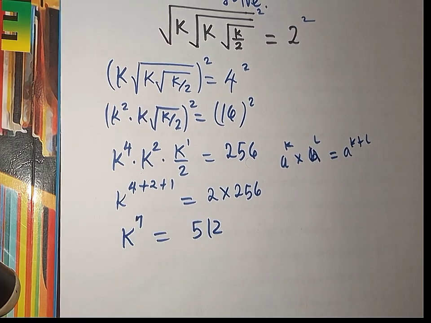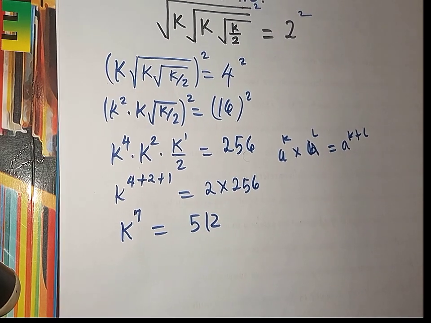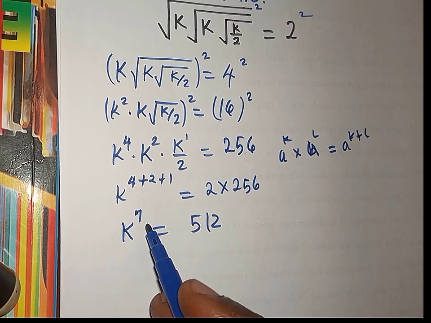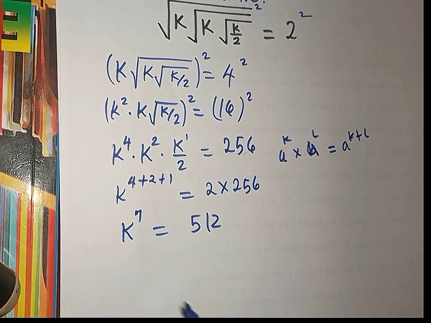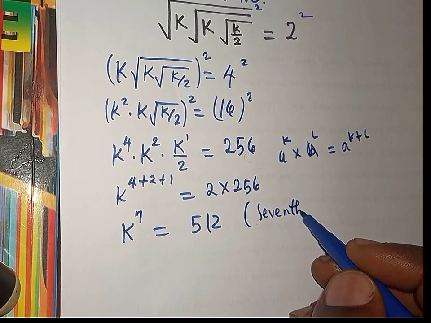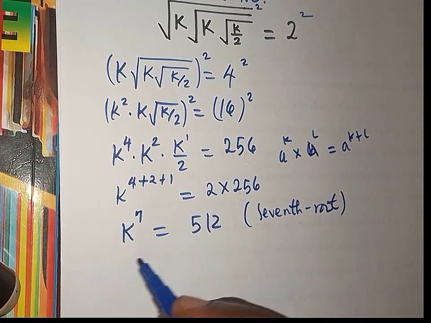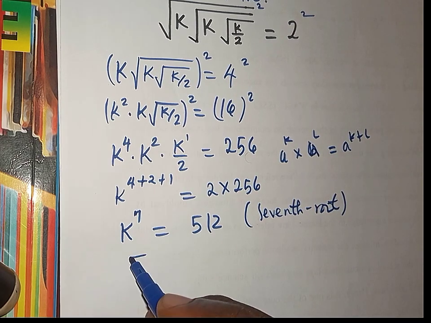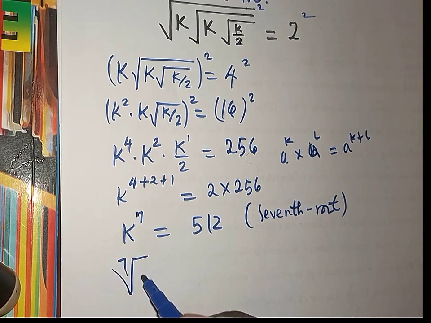The next thing we're going to do is that you can see that this k here, we have to take the seventh root of both sides.